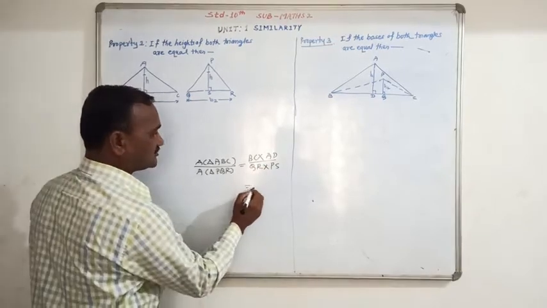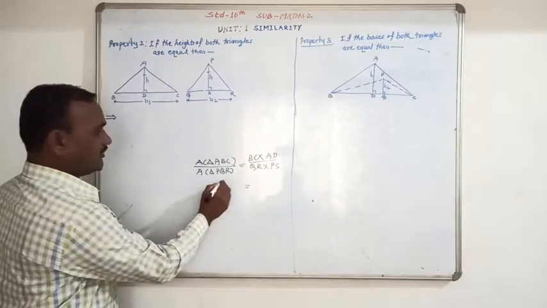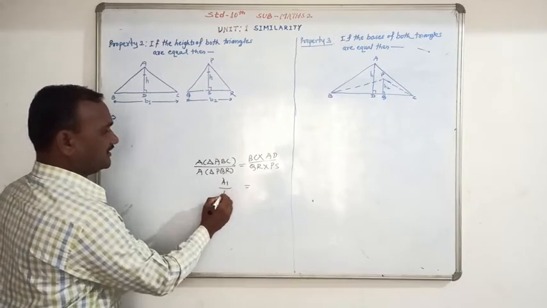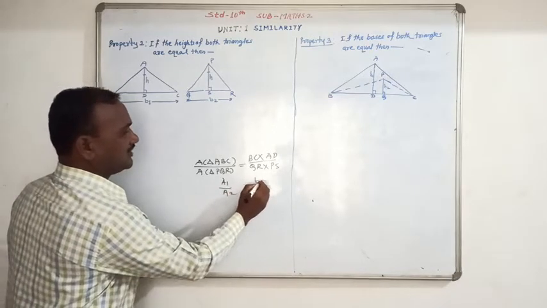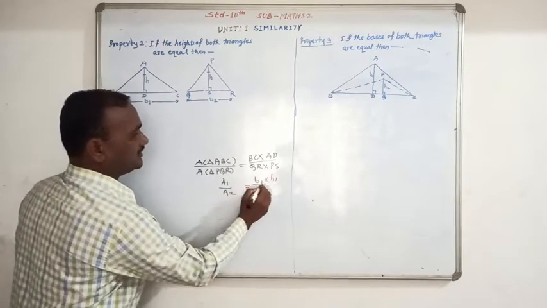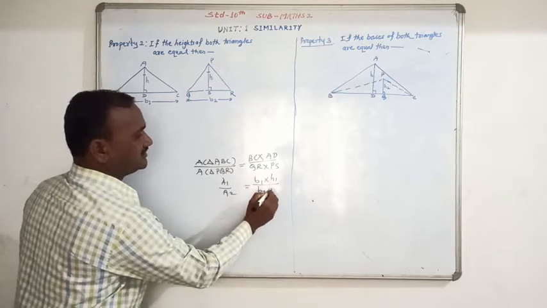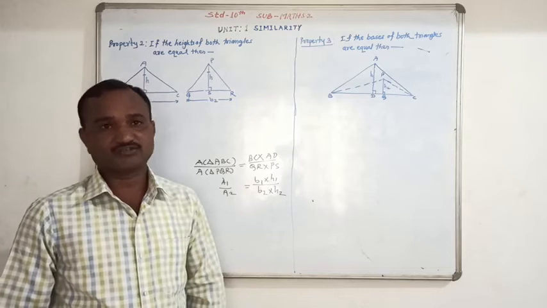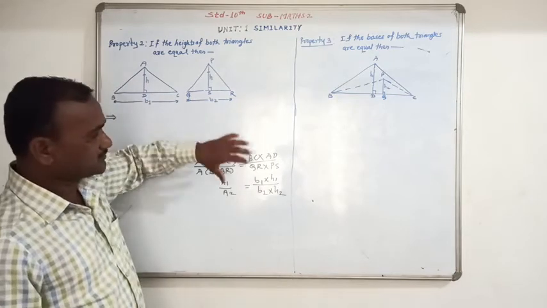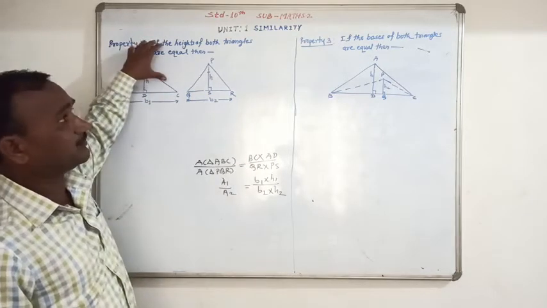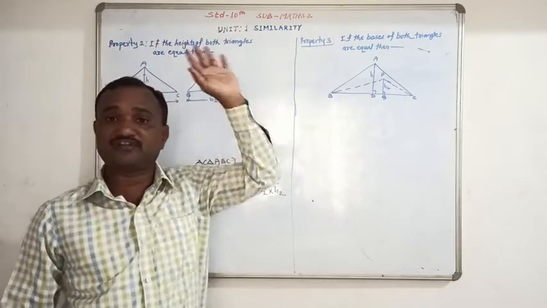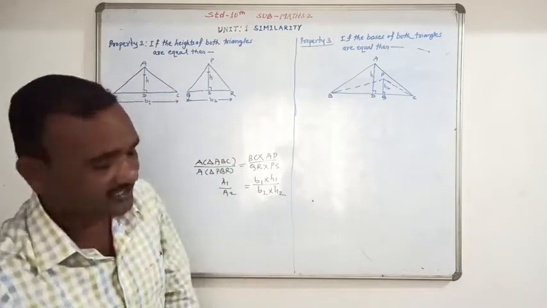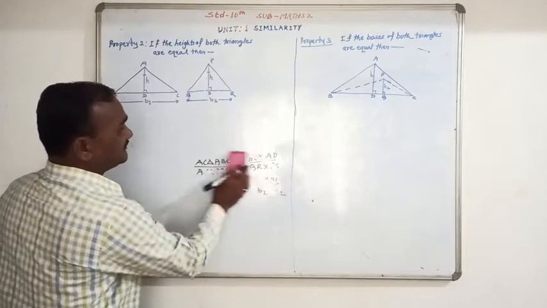That is, shortly, A1 divided by A2 is equal to B1 into H1 divided by B2 into H2. This is the first property of ratio of areas of two triangles. So by using this property, we will prove the second property and third property. So, let us study the second property.